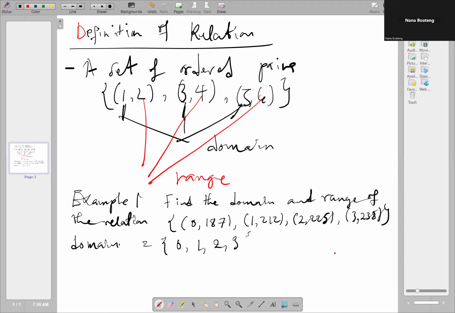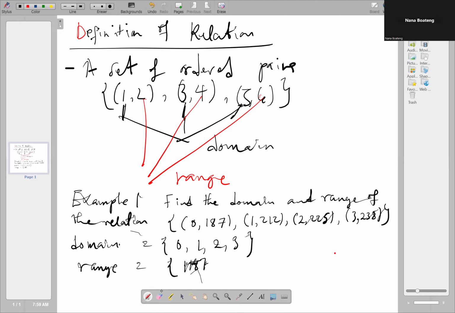The first points should be the domain, and the range will be the second points of the relation: 1, 8, 7, 2, 1, 2, 3, 2, 5, and 2, 3, 8. So these are the domain and the range of the relation.